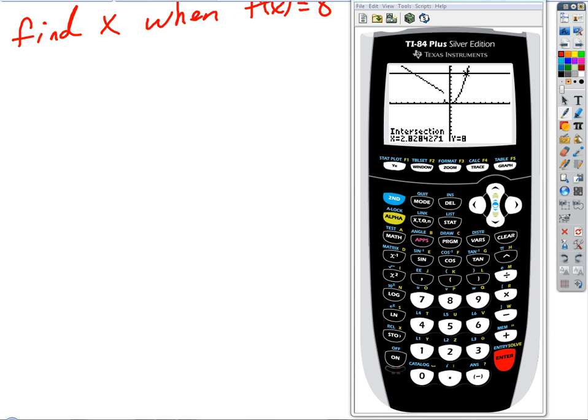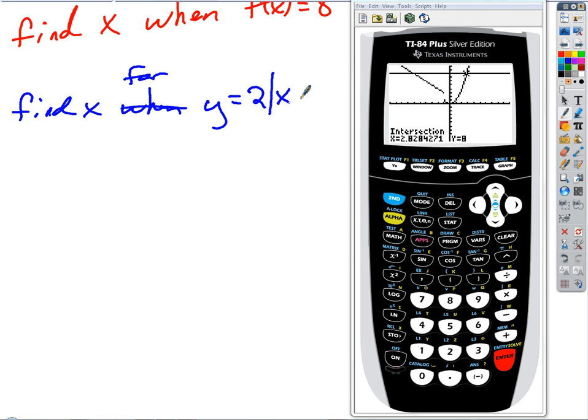Let's say I want to find x when, for that absolute value function, y equals 4. Does that make sense? So I have to put this function in for my y.